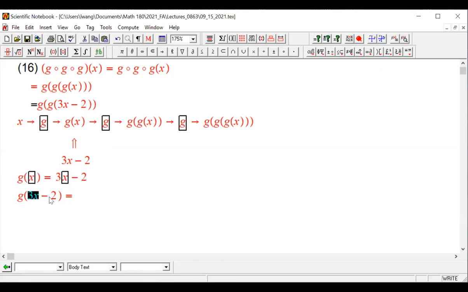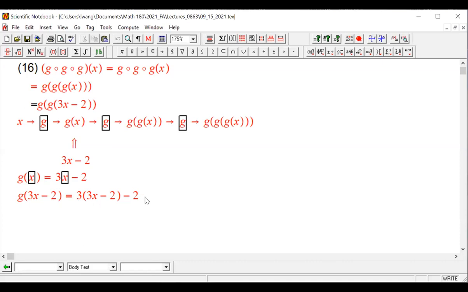So when this x is replaced by 3x minus 2, the entire box, this box and that box, will be replaced by 3x minus 2. So the consequence will be 3 times the box, and what's in the box? 3x minus 2, minus 2. Does everybody follow me? Yes. This is the effect of composition.